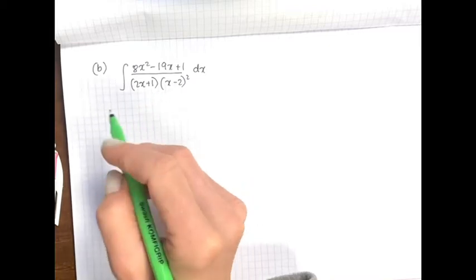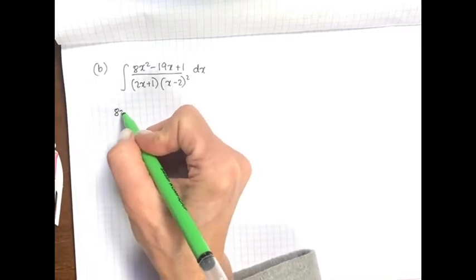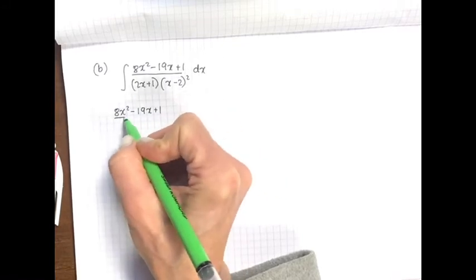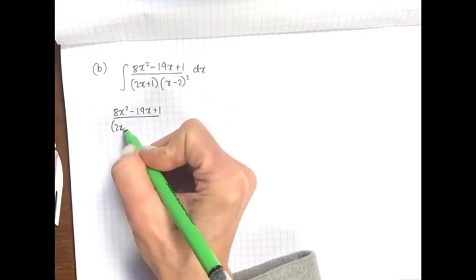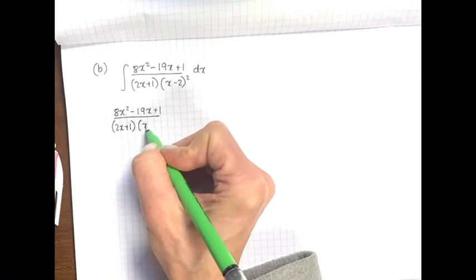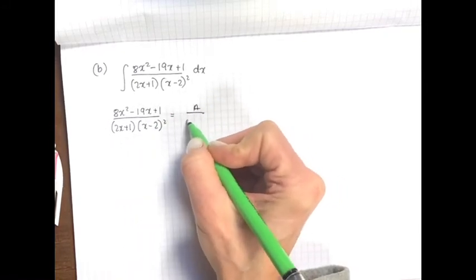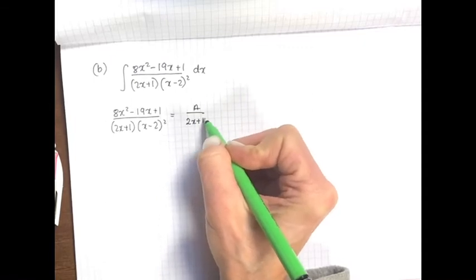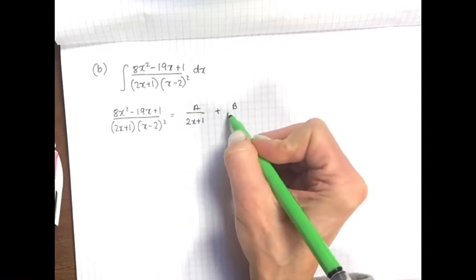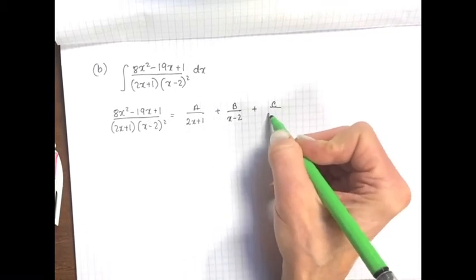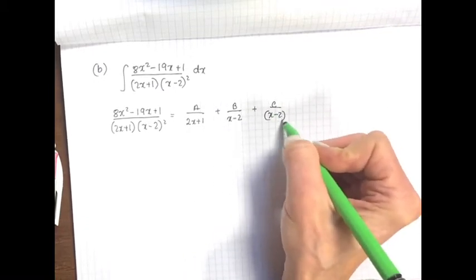Be careful with the repeated factor. So it will give us a over 2x plus 1, b over x minus 2, and c over x minus 2 squared.